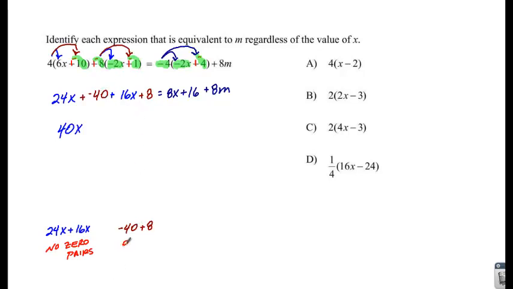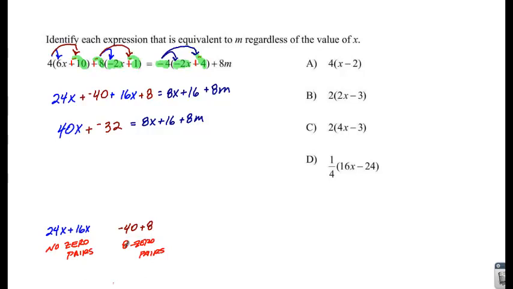This will give us 8 zero pairs. The 8 positives will cancel out 8 of the negatives. So 40 minus 8 is going to be 32, so we've got negative 32 left, and that equals 8x plus 16 plus 8m.